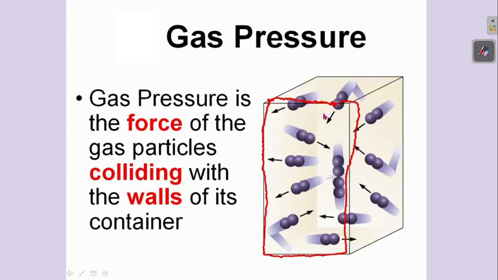Because the gas particles are moving around, they do bounce against the walls, they do collide with one another, and that together, the collisions with the walls and each other create pressure in that container. So you need to know the definition of pressure for physics, but also, of course, you need to know the definition of gas pressure when we're talking chemistry.